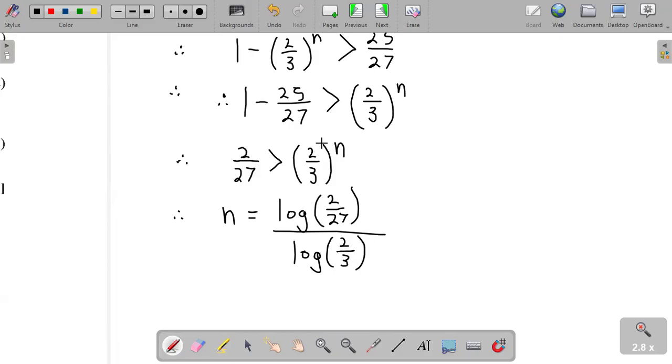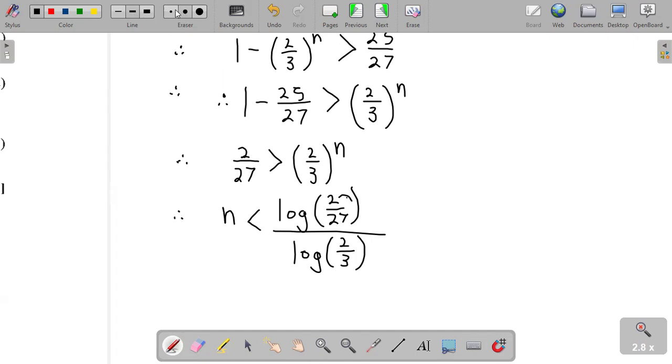Now we change the direction of the inequality, because these logs are negative values.